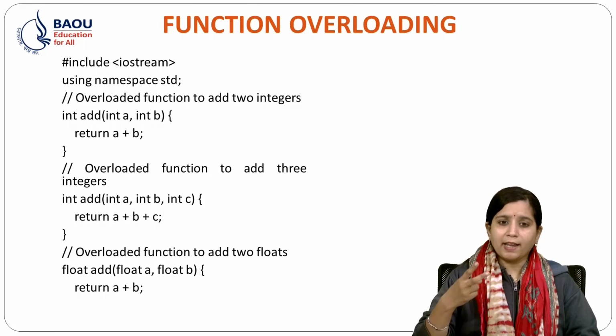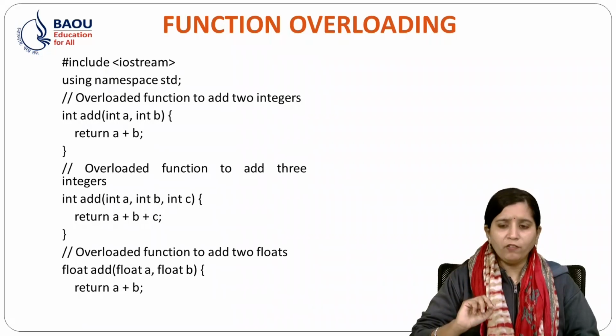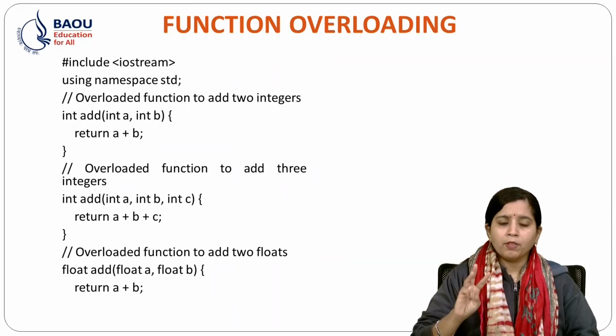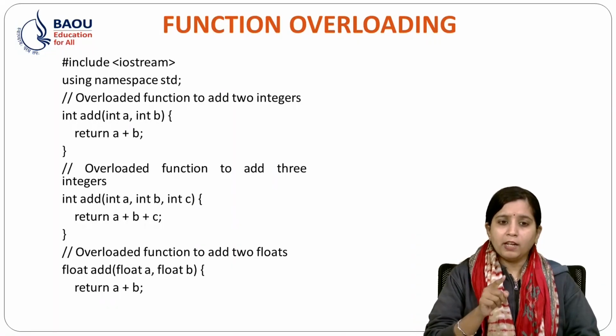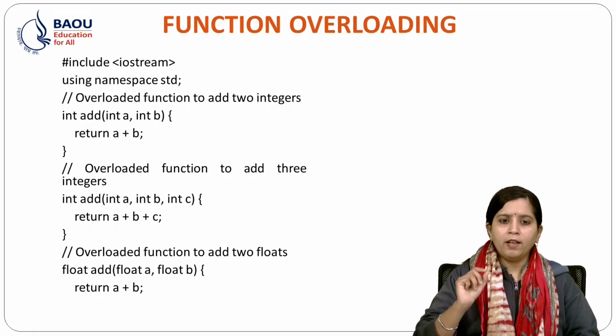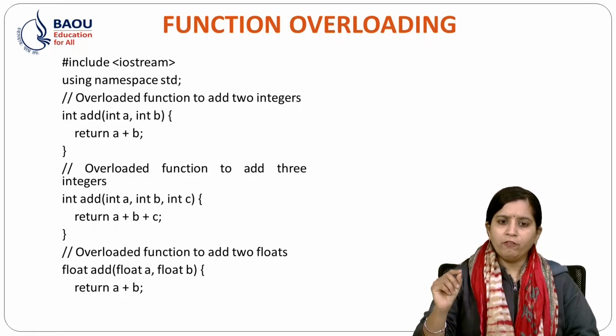So this is the second type of our function overloading. In the first I have 2 integers, and in the second function I have 3 integers, and in the third function I have changed the data type of the parameters, that is float a and float b. And over here the returning data type is also different, that is float add, float a, float b, and I am returning a plus b.